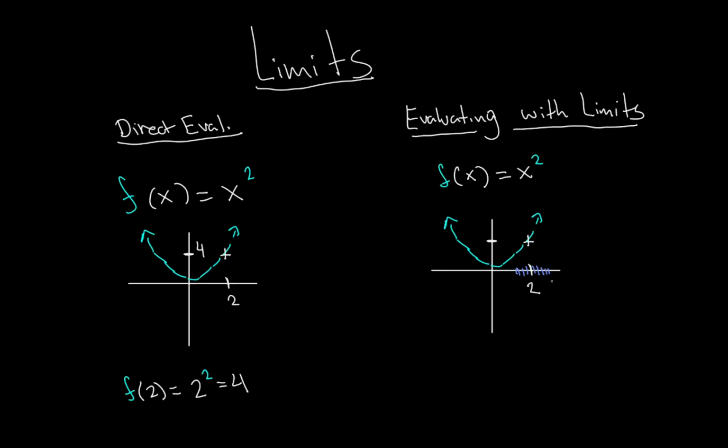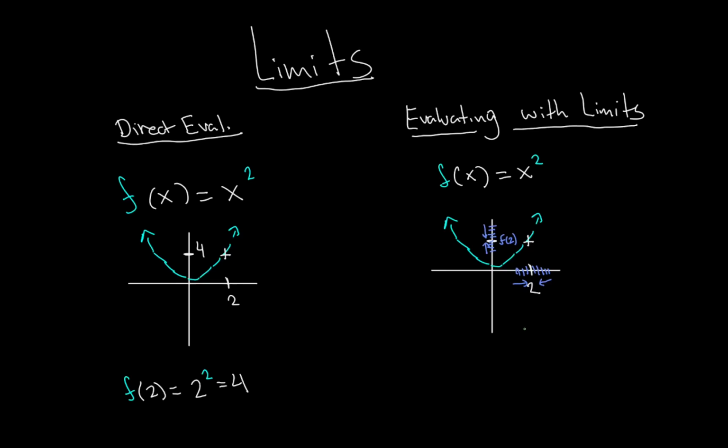We evaluate points around 2, and you get closer and closer to 2, right? And that basically creates points around the value of f of 2, and you get closer and closer to f of 2. Let me just put f of 2 here.